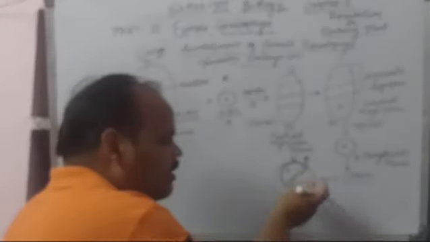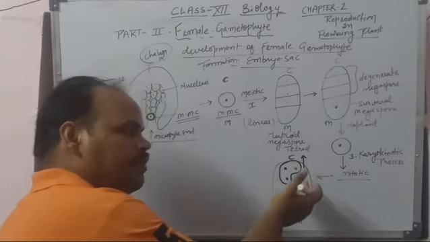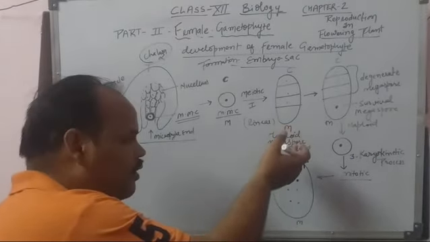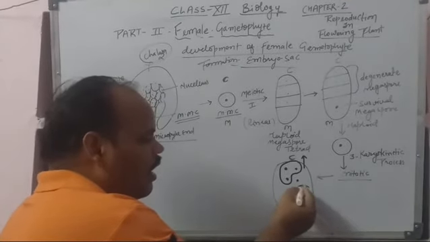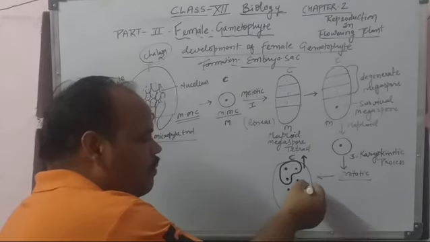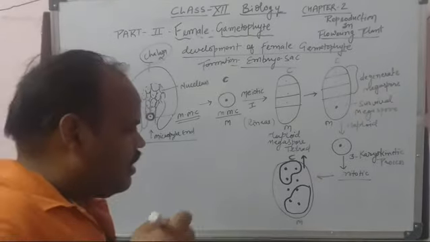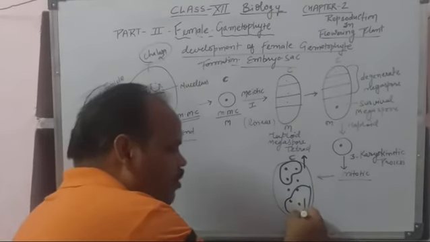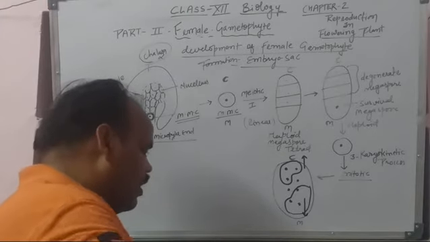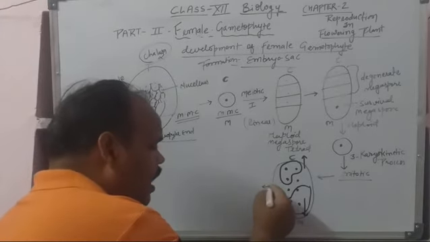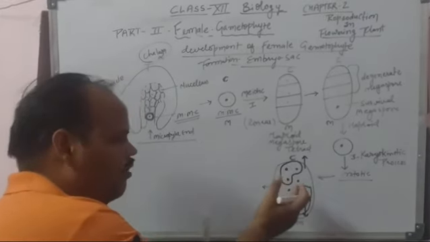So 3 nuclei come from the chalazal end after division, and the 3 others in the lower part of the cell go to the micropylar end positions. There are 2 nuclei remaining in their position.